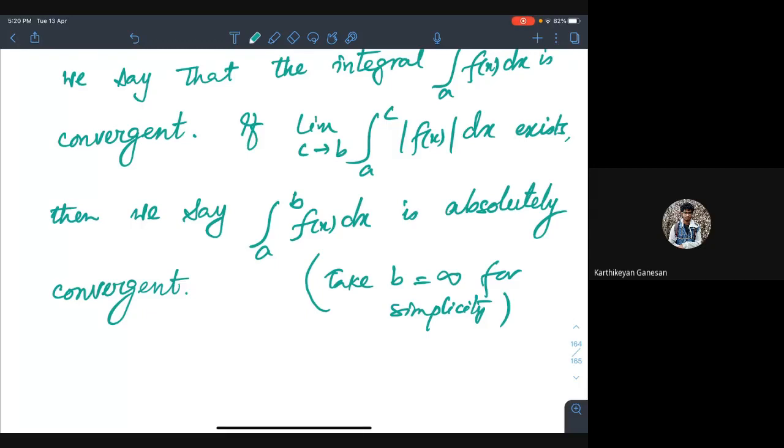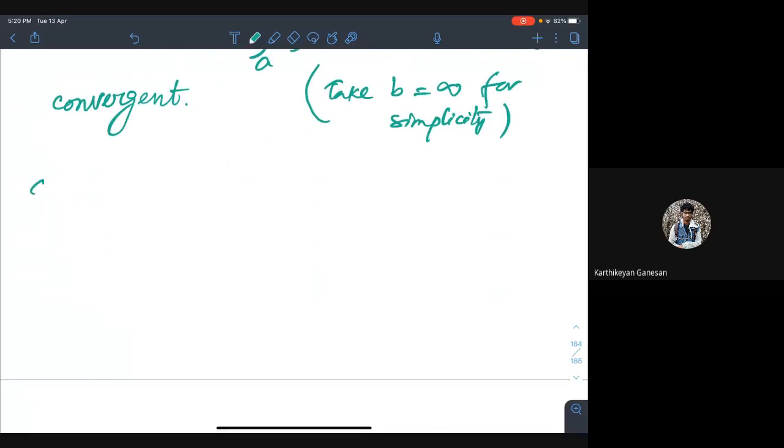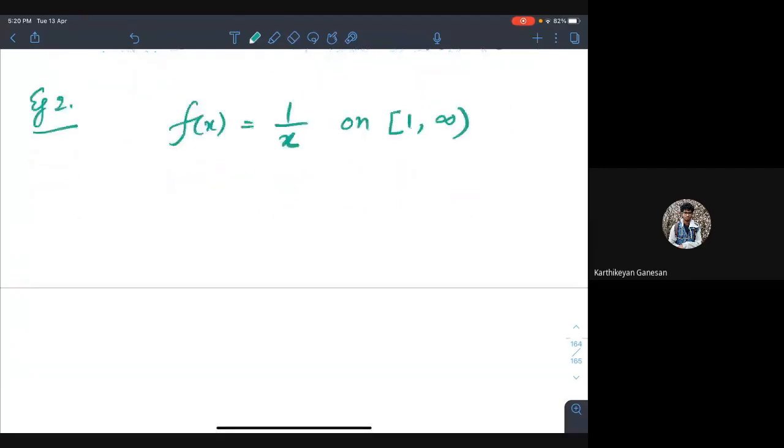All right. Now consider another example. We look at f(x) equal to 1 over x on 1 to infinity. Okay.